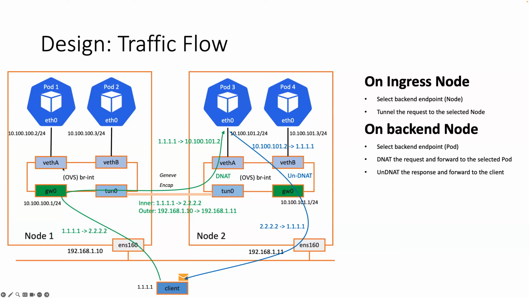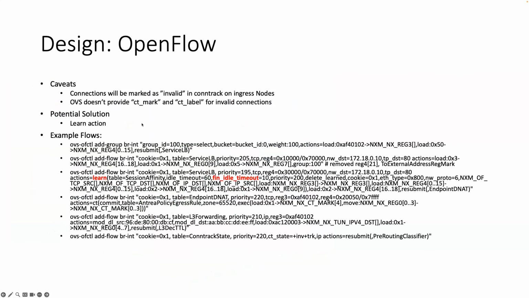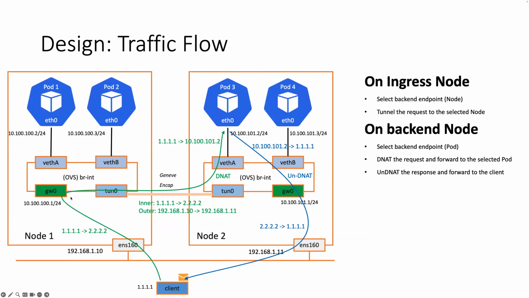But there is a problem in the Open vSwitch of the ingress node. The problem is that Open vSwitch doesn't provide the CT mark and the CT label for invalid connections. It means that even when we commit the connection on the ingress node, for the following request packets, we cannot get the connection state after the first request is committed.